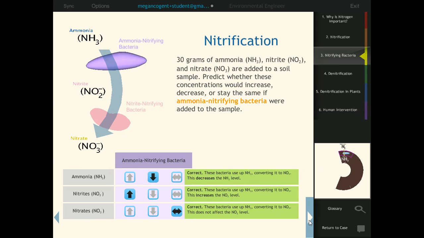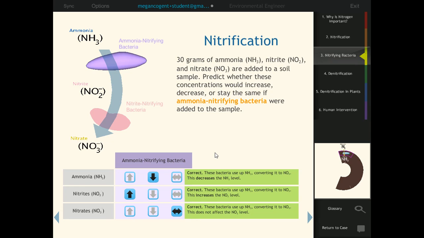Here's an example of one of our other types of questions. We try to give a variety of types of questions in these case studies, so it helps assess the students in different manners. Here, they were given an example: let's say we have 30 grams of ammonia, nitrite, and nitrate that are added to a soil sample.